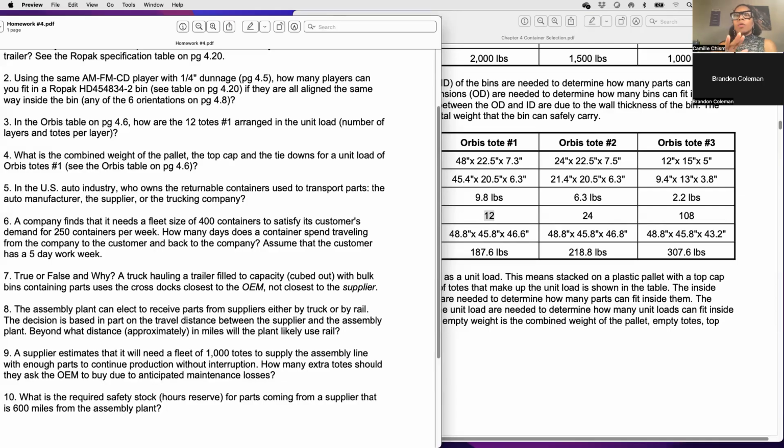You want to calculate based on their number of containers per week and figure out how many they use per day. So if they have 250 containers per week and a 5-day work week, how many containers per day are they using, right? And then you would take the number of containers they're using per day.